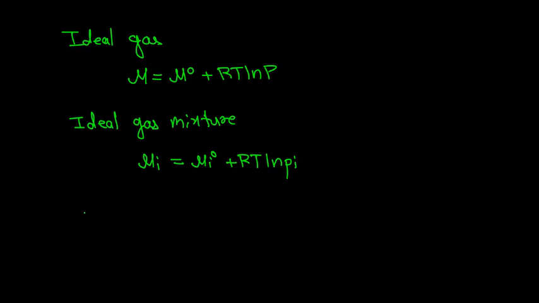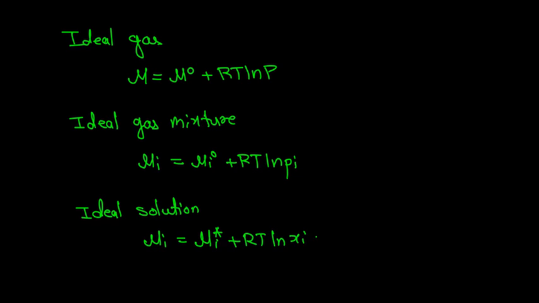And if you have an ideal solution, which is a liquid mixture, then you define it as mu i equals mu i asterisk plus RT ln Xi, where Xi is the mole fraction. But now let me give all the conditions under which you can use this framework.